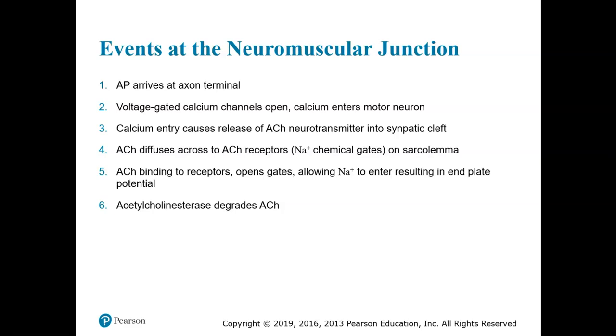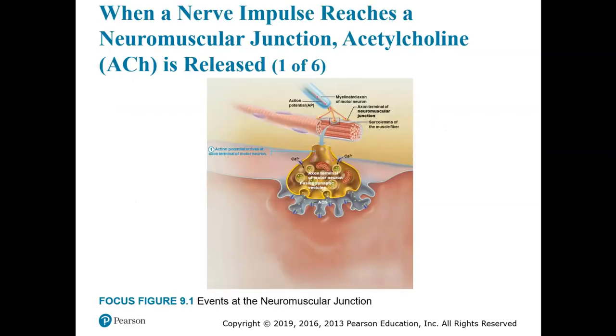So we covered the events at the neuromuscular junction already. We covered the release of acetylcholine. We said that an action potential arrives at the axon terminal. Calcium ions enter into the axon terminal through these voltage gated channels. So actually calcium plays two roles in muscle contractions.